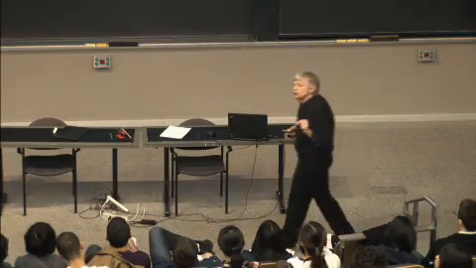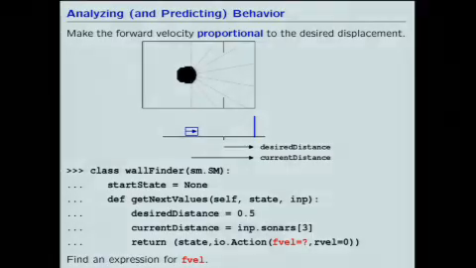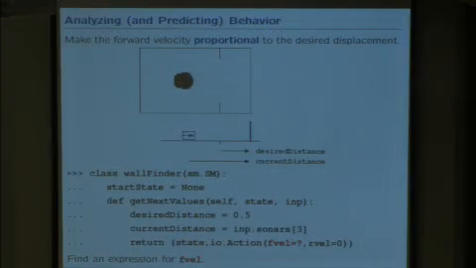In a proportional controller, you make the command be in some way proportionate to the intended response. So imagine this code, which might establish a class for finding the wall. The important thing, as we saw for all state machines, is to define a start state and a get next values routine.